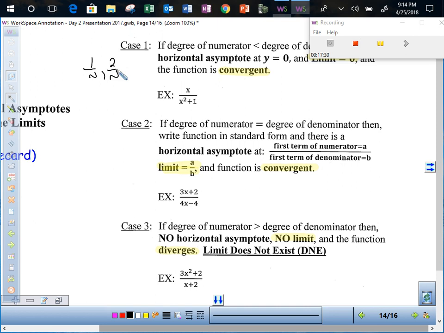And that's said to be convergent. So now, just an example that we haven't looked at. If you look at an example like this, x over x squared plus 1, the highest power is in the denominator. So this thing will have a limit of 0 as x goes larger and larger and larger.